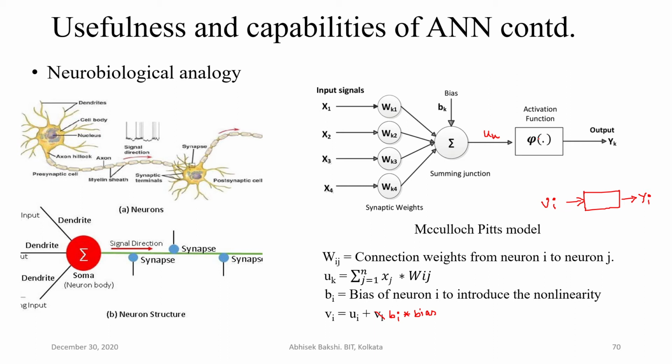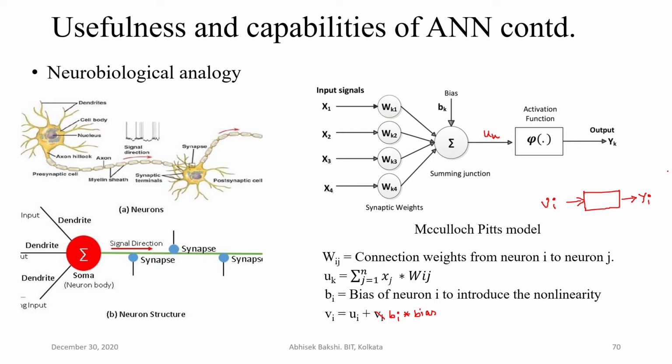Now you always see a very interesting thing: whatever we are considering over here as x1, a dendrite, maybe this x1 is the output of another neuron. So if I consider this one neuron, it may be connected with another neuron in the next stage. In this way we can have multiple stages of connection, and we can design them depending on our requirement.